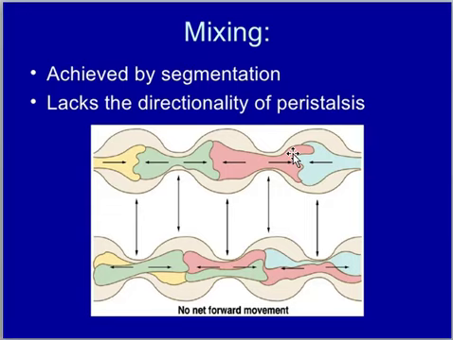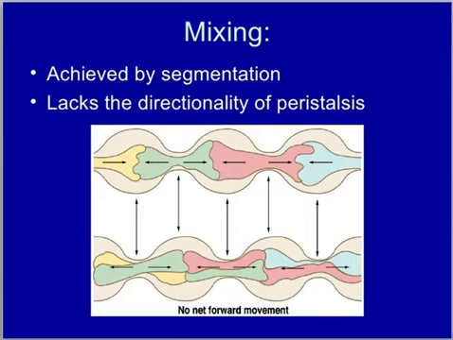In this type there is no forward movement like in peristalsis. In peristalsis there is continuous forward movement, while this is very important in mixing. The different colors indicate different parts of the material inside the intestine, and with segmentation there is mixing of these particles together.